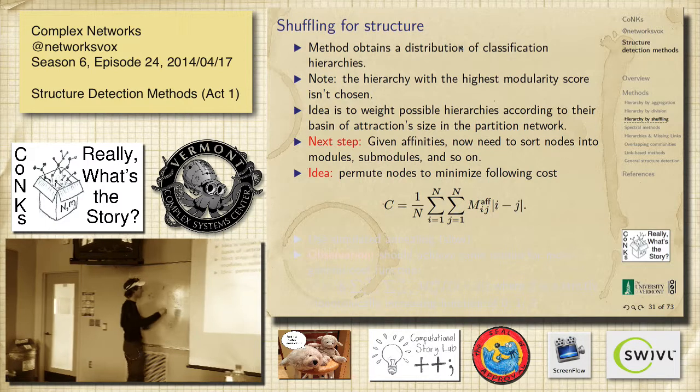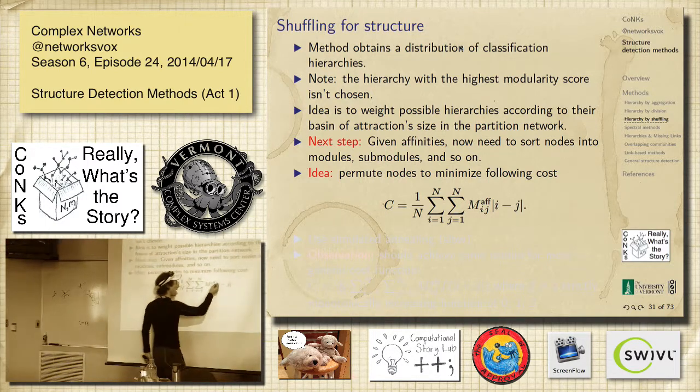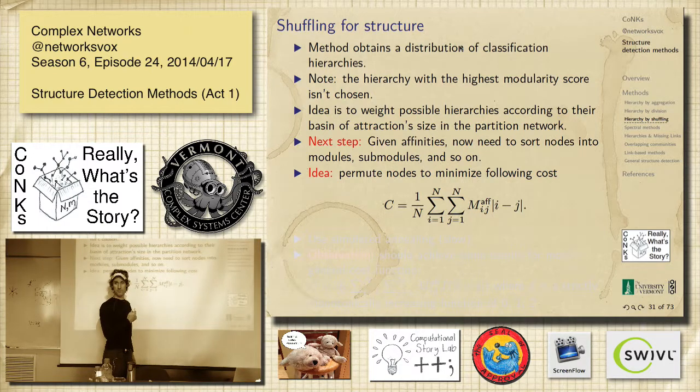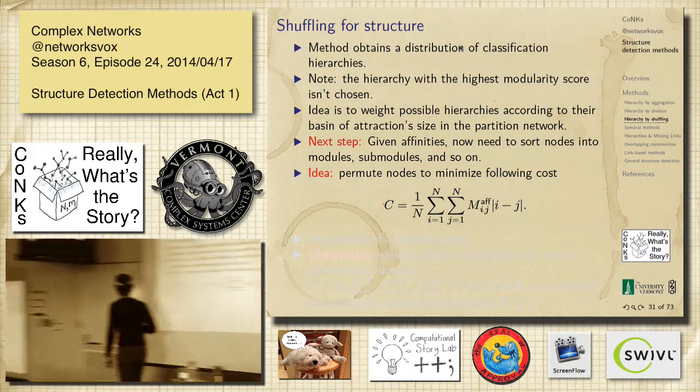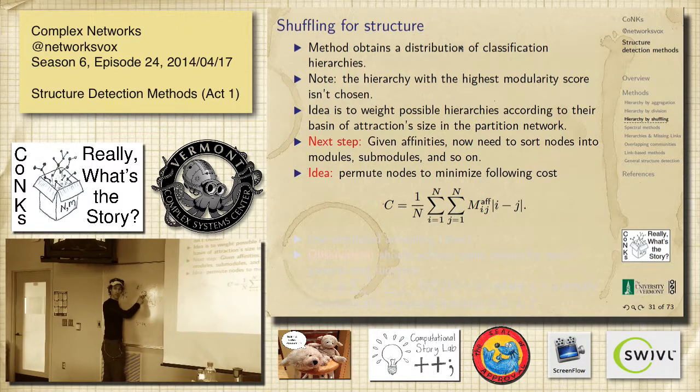So it's weighting it. The idea is you want things that have high affiliations to have small distances between them. So they should be grouped together.